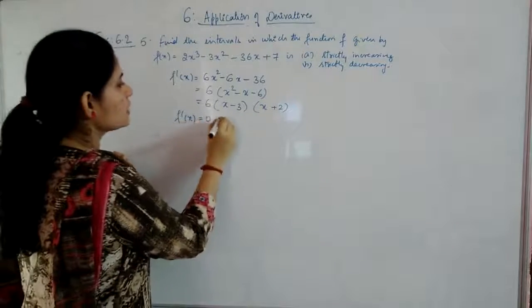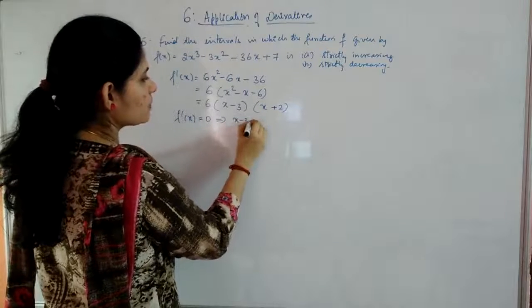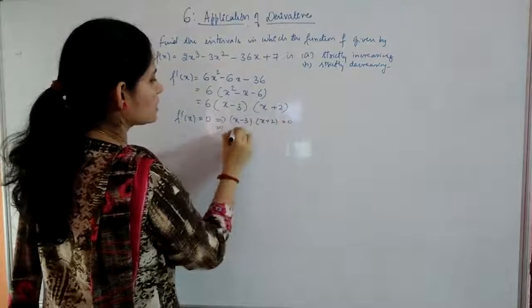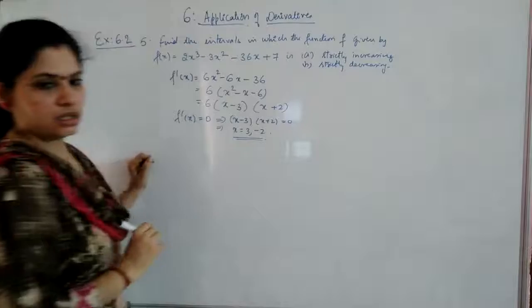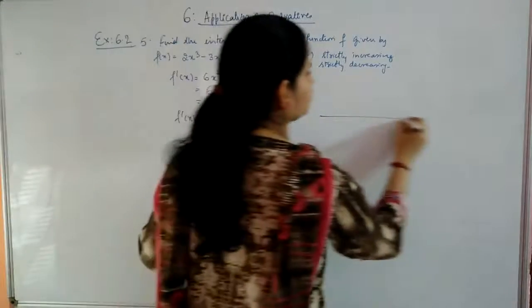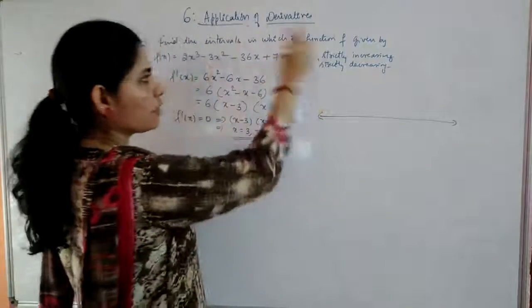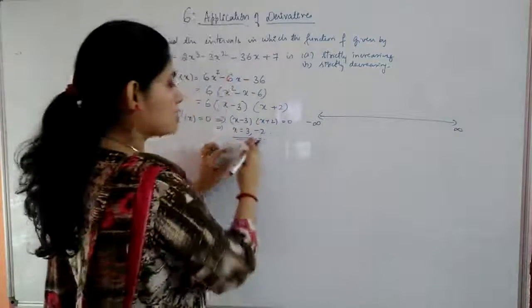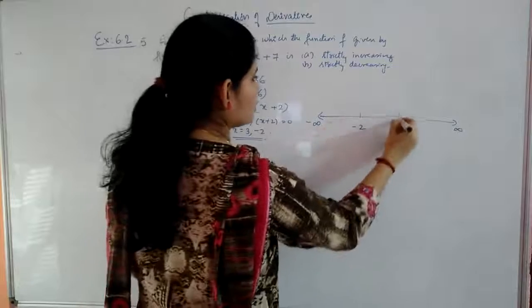Equating this with 0, again 6 cannot be 0, so either x - 3 = 0 or x + 2 = 0. That is, either x = 3 or x = -2. After finding these values of x, you have to draw this and show it. Again, there is no mention of the interval, so you will take minus infinity to infinity, and you have to take them in order as on your number line, that is, first mark -2 then 3.